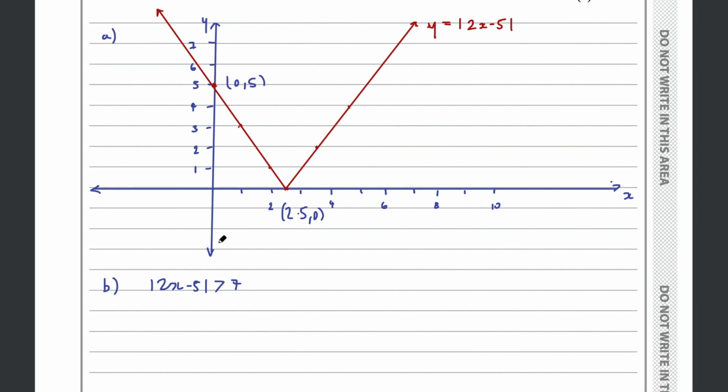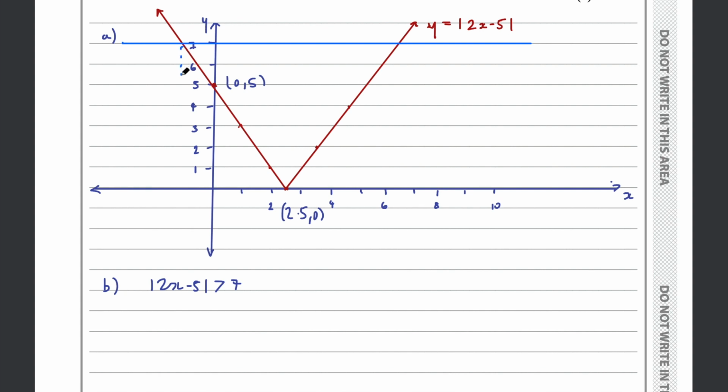So what does that mean for this graph to be greater than 7? Well, if we drew a line equal to 7, y equals 7 on this graph, it would be up here. I might just do that in a different color. So it would be up here, right, at y equals 7. All right, so we're looking at the x values.